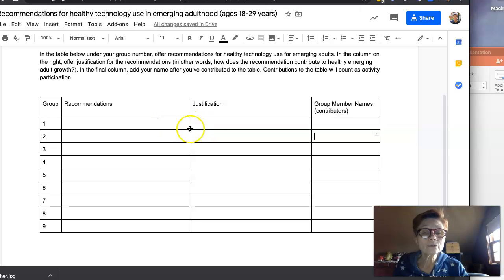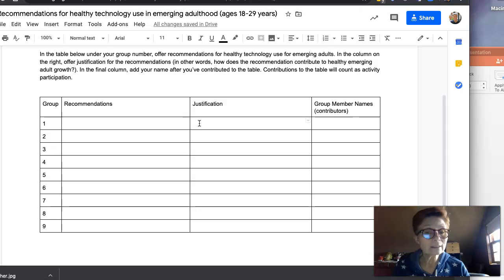And then what I'd like you to do too, as you're providing the recommendations, is give the justification. So if you're talking about limiting screen time to 5 hours a day, well, why? Does it have anything to do with physical development? Maybe it does. Maybe our recommendation for limited screen time has to do with having more time for physical activity.